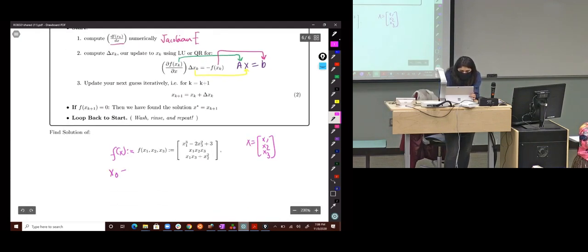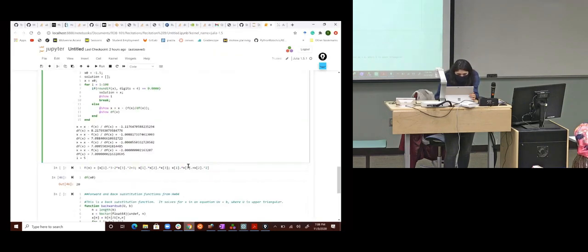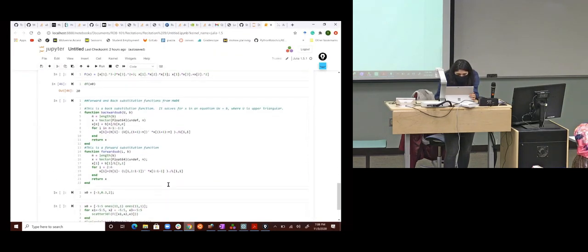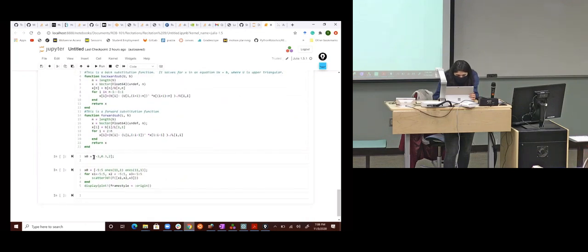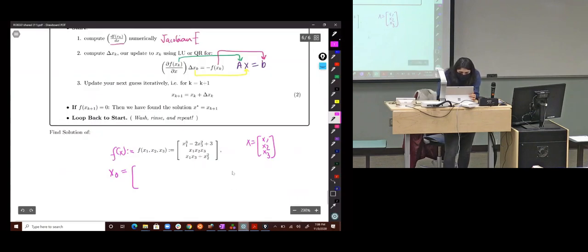So I'm going to make my x naught equal to, what do I do? I think my x naught is minus 3, 0.3, and 2.